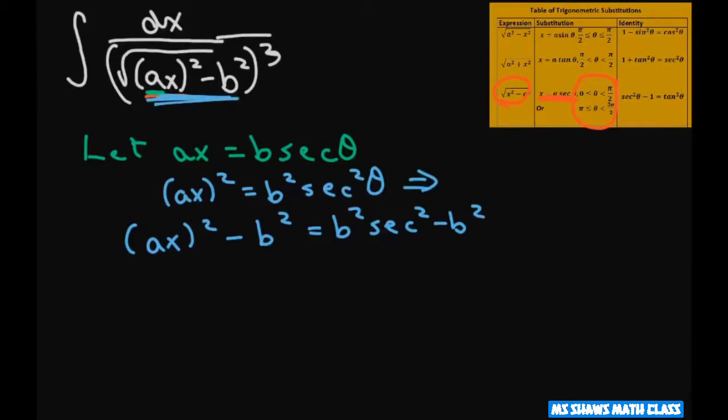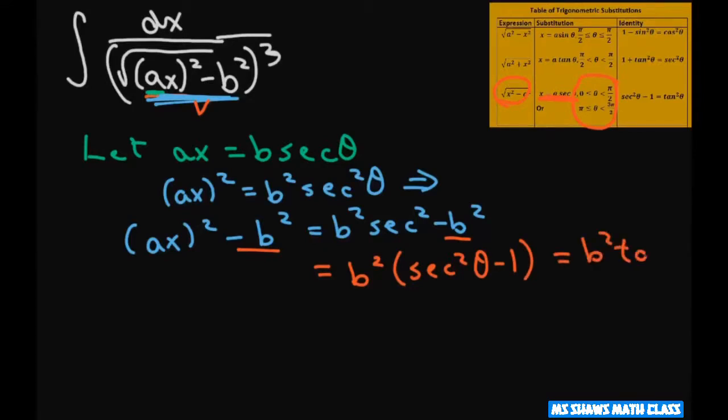So I just subtracted this from both sides to make it look like this. You're going to get b squared times secant squared theta minus 1, which equals b squared tan squared theta.